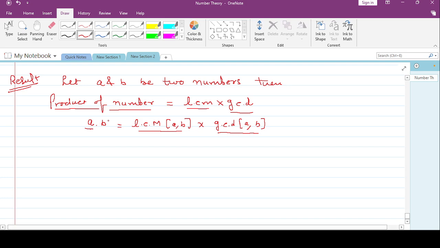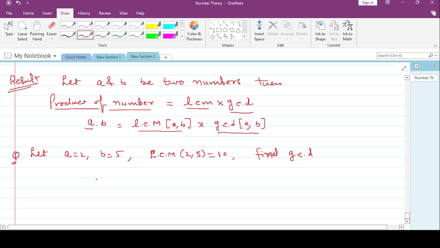So for example, the question is, let A equal to 2 and B equal to 5, and the LCM of 2 comma 5 is 10. So the problem is to find the GCD. It is very easy. When you are given this information, you just substitute all these values in your formula.